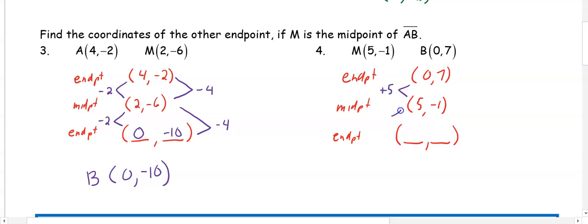Well, I added 5, so I'm going to add 5 again. 5 plus 5 is 10. For the other coordinate, from 7 to negative 1, we went down 8, so when we go down 8 again, negative 1 minus 8 gets us negative 9. So our A endpoint is going to be at (10, negative 9).